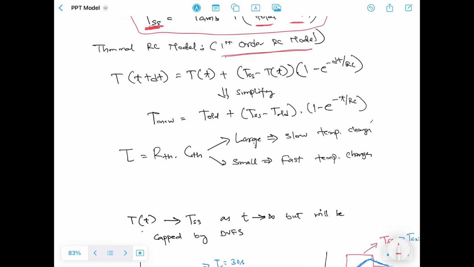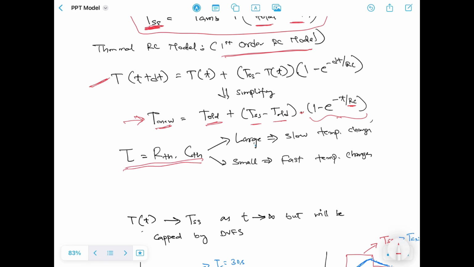I've written a much more simplified equation here, because this equation looks like it has too many terms, too many parentheses. So what this is saying is the new temperature is equal to the old temperature plus the steady state temperature minus the old temperature, times the first order RC term: 1 minus e to the power minus t by RC, and this RC is basically the thermal time constant.